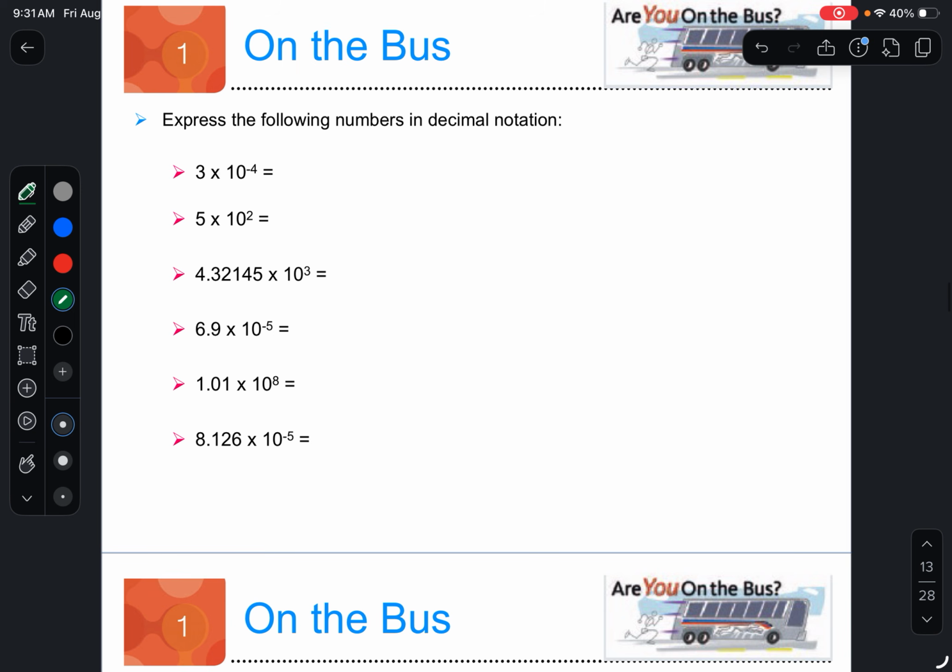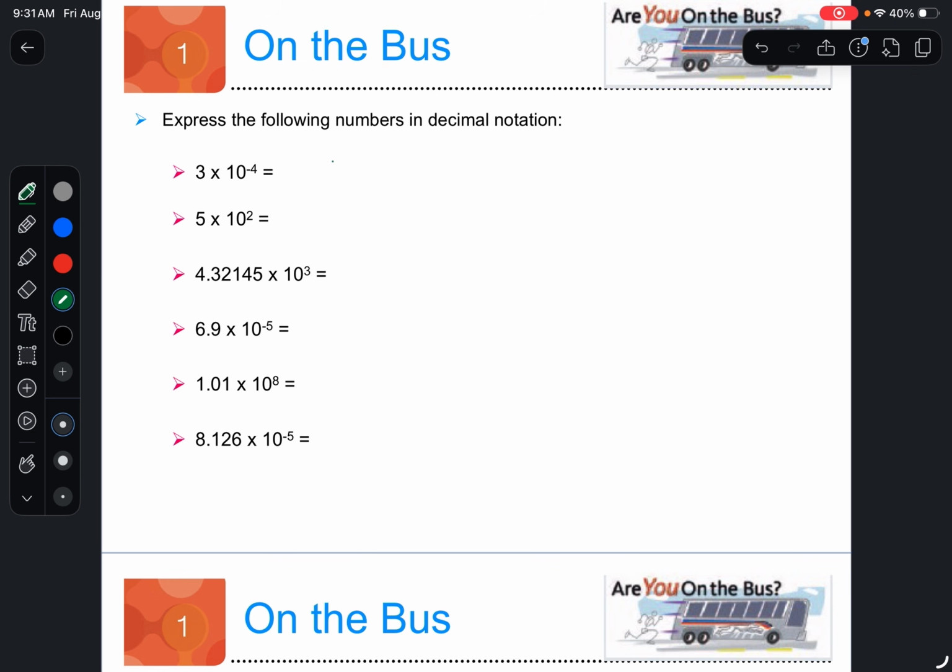So this exercise, what I'm asking you to do is basically take it out of scientific notation and put it in the normal notation. So here we have 3 times 10 to the minus 4. This exercise is good for you to practice on actually inputting it in your calculator.